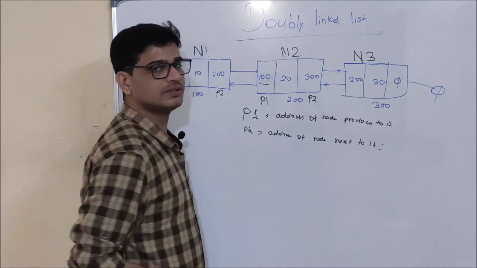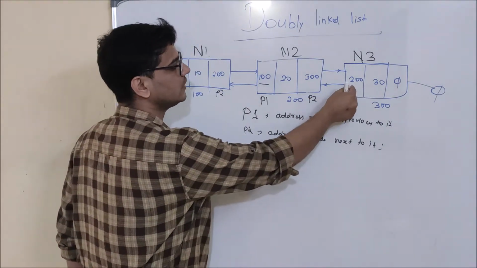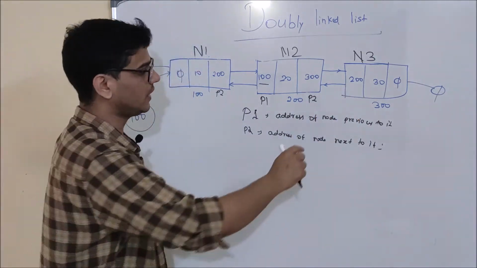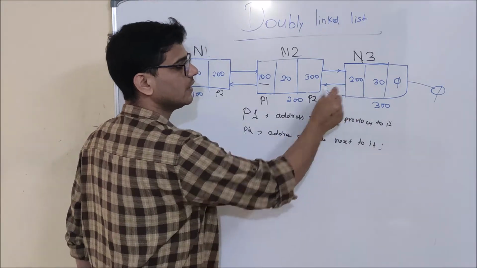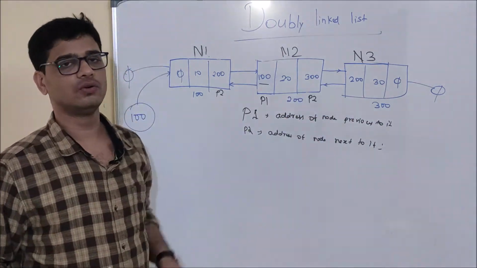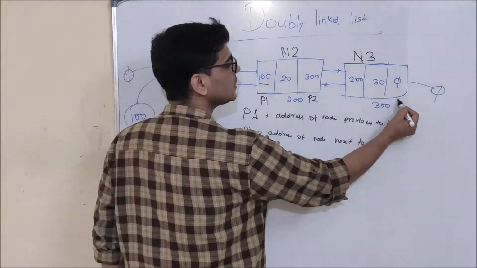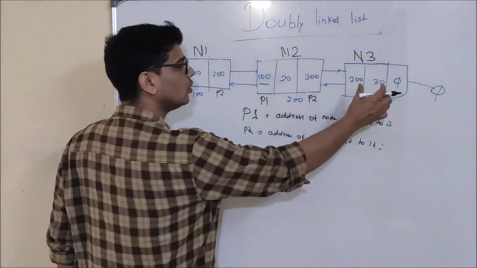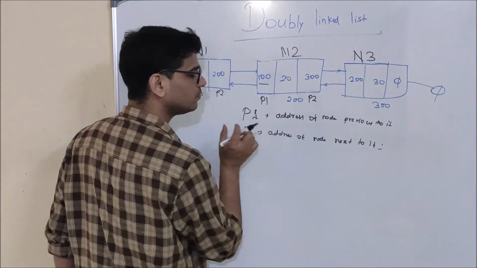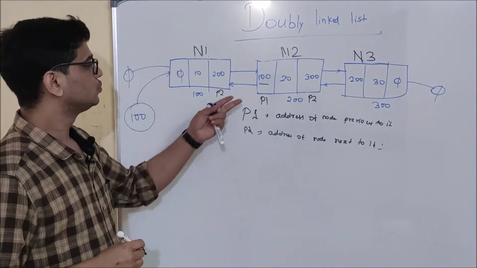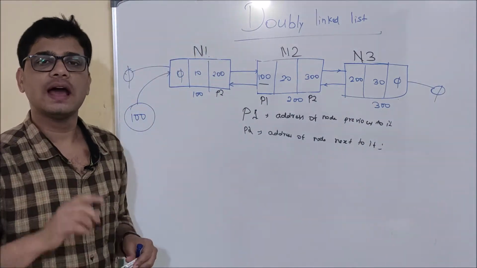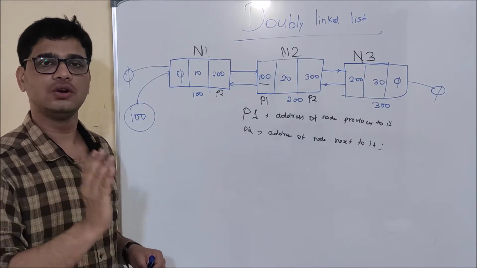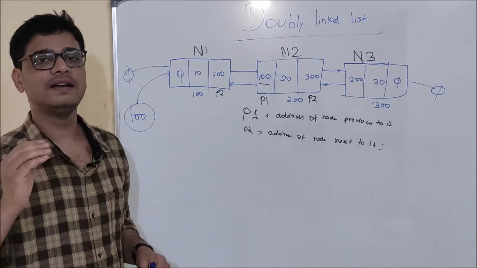For this particular node 3, as it has a previous node, it is holding the address of P2 in this particular part, that is 200 in P1 part of this particular node 3. And here you can see, as there is no node next to this particular node, it is holding null in this P2 part. Okay, so basically P1 and P2 are two pointers which will hold the address of node previous to it and next to it.